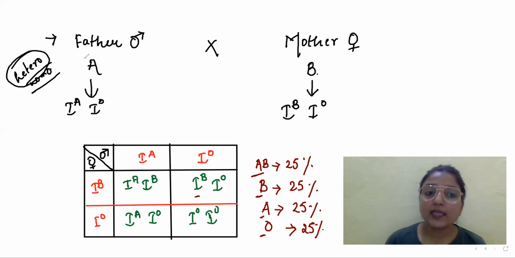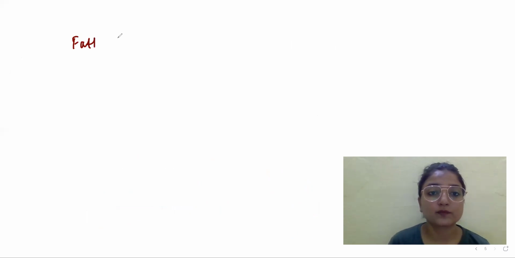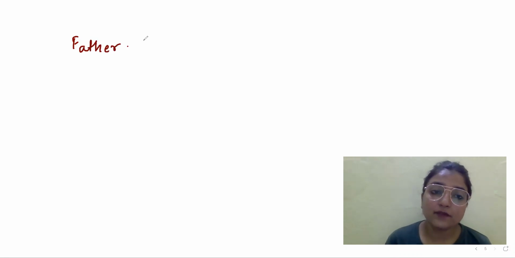But in case the question only states that the father and the mother have A and B blood group, and it is homozygous in nature, then the result will be totally different. If the father has homozygous A, it will be IA IA.